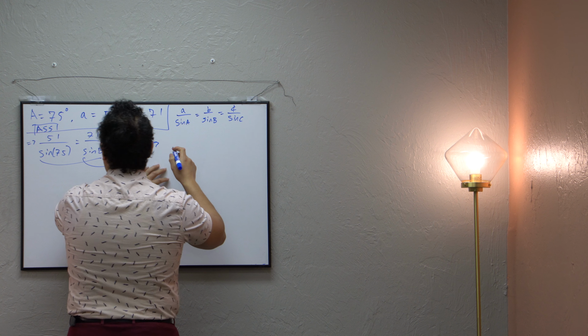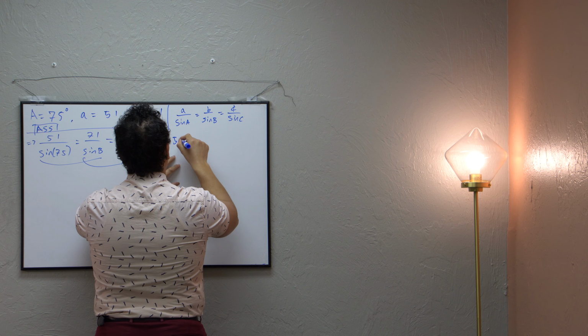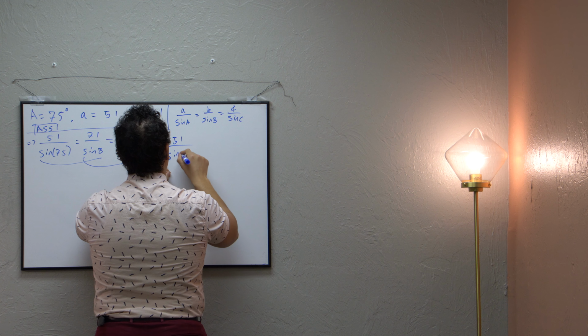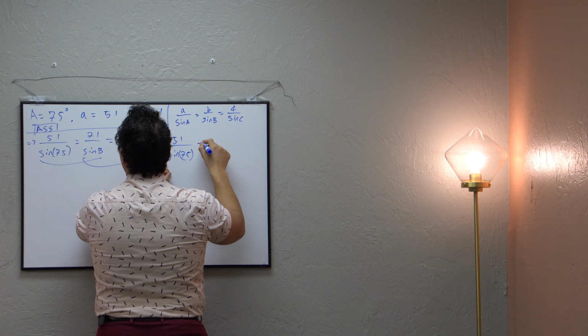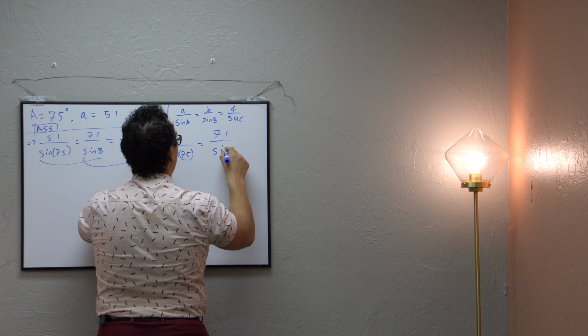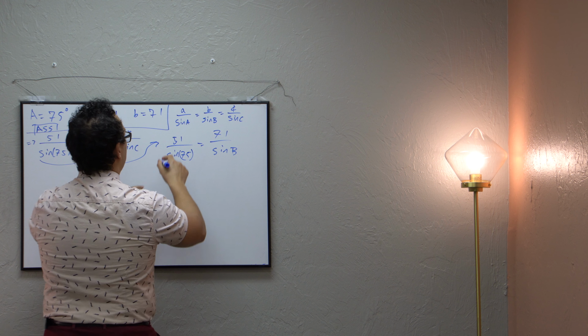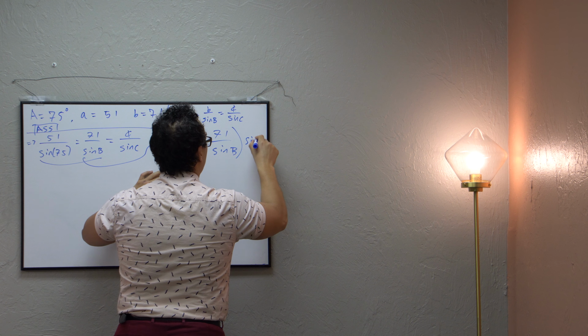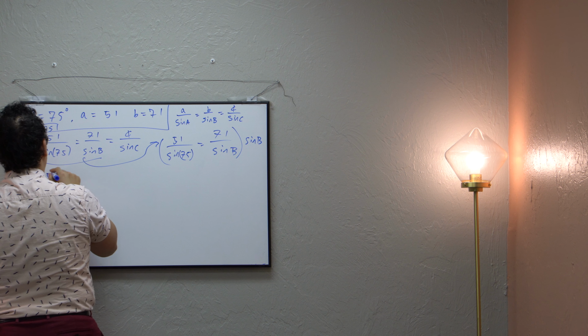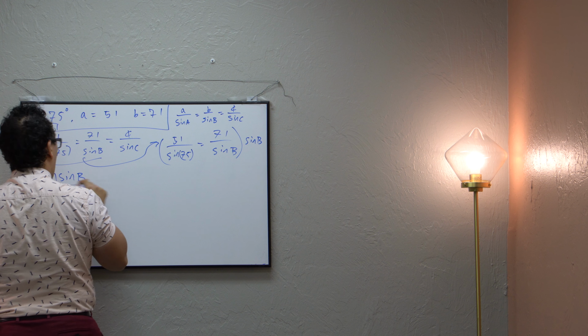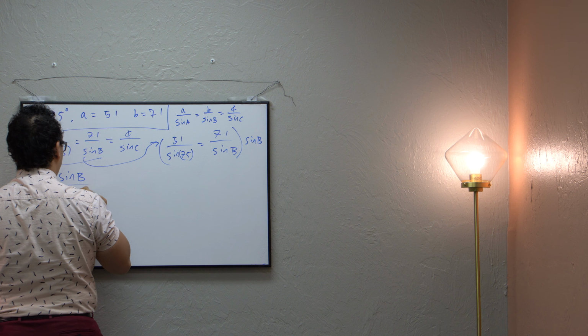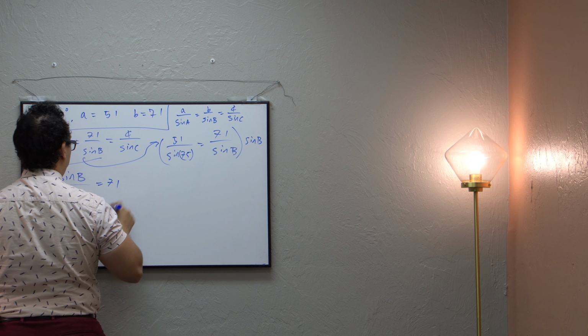Bring the calculation over here. I have 51 over sine of 75 is equal to 71 divided by sine of B, and I want to solve for sine of B. So I'll multiply both sides by sine of B. I will get 51 sine of B over sine of 75 is equal to 71.